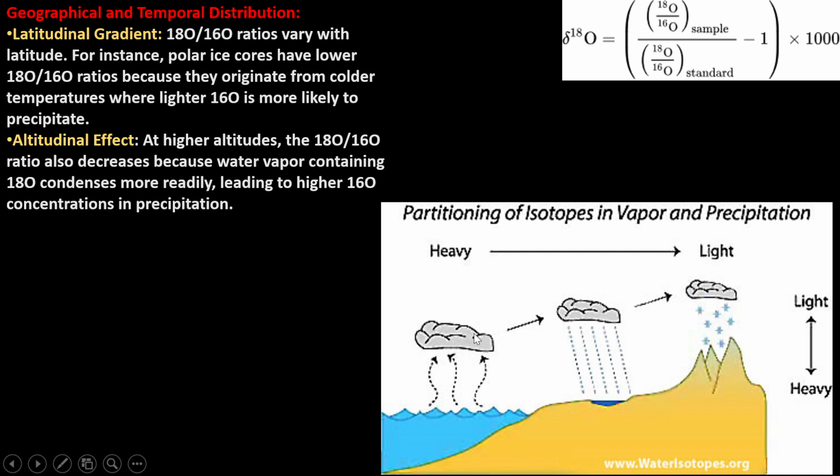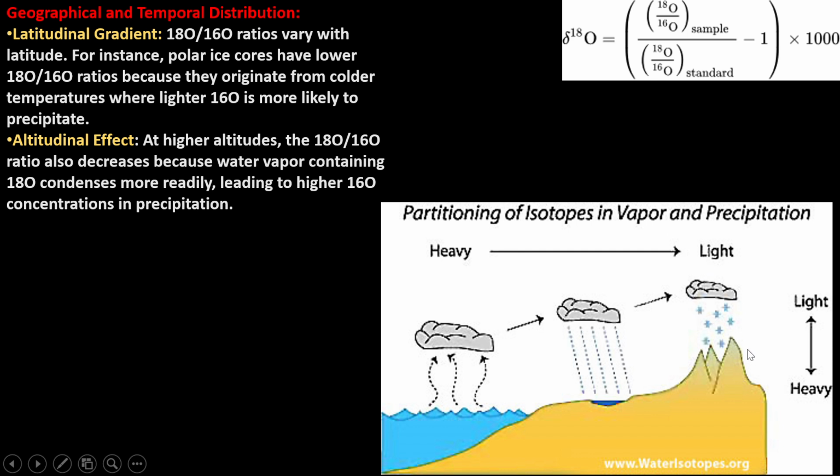If the clouds move across the land, first of all the O18 will precipitate because it is the denser isotope, so O18 will be rich near the shore area. When these clouds move further to high altitude areas, the concentration of O18 will decrease because it precipitated in the earlier area. The O16 concentration will be high.